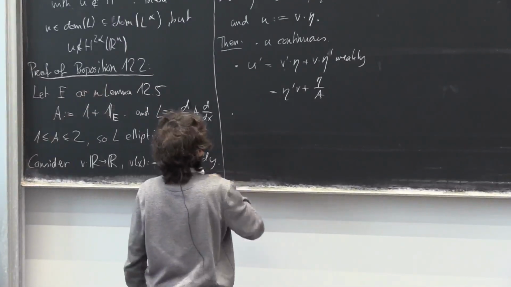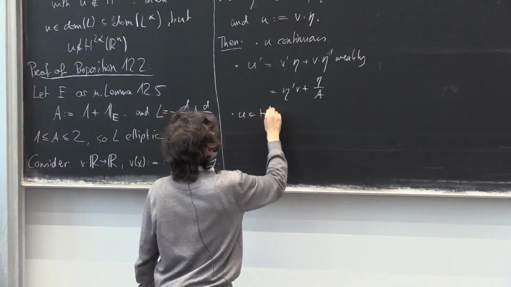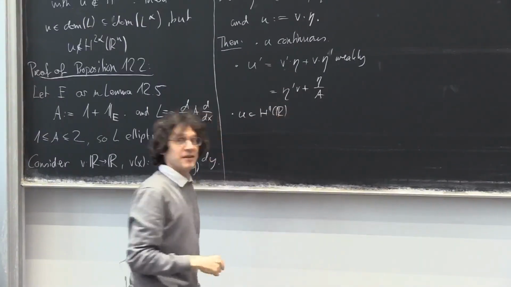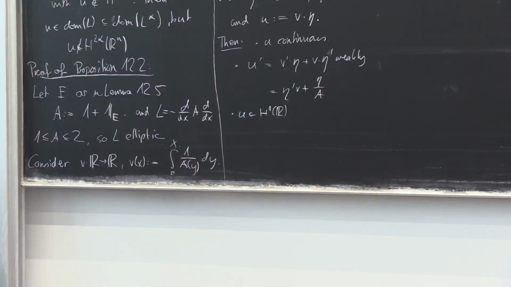And now I claim u is in H1. This is because v has a nice weak derivative, but is not in L2. By multiplying with eta, we make it L2.